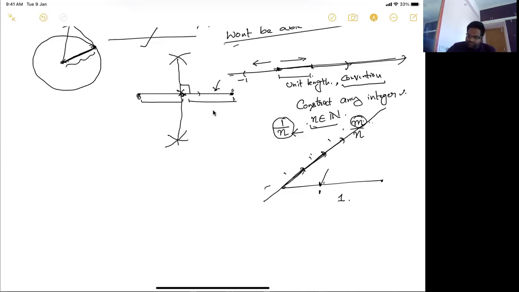Now I join this thing, and I join this thing. I can construct a parallel line to any given line. Given this, if you take a perpendicular to this, using just what we did, then this will be parallel to this. Now you can draw this, and you can prove that this length is actually 1 over 3 by similarity of triangles.